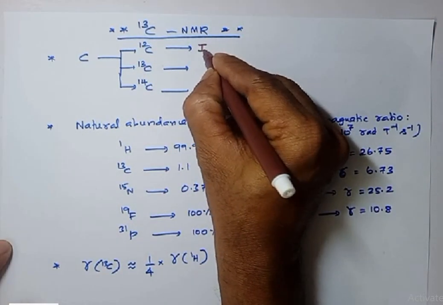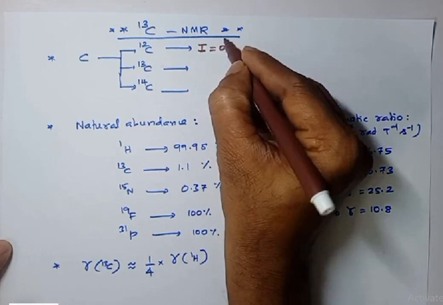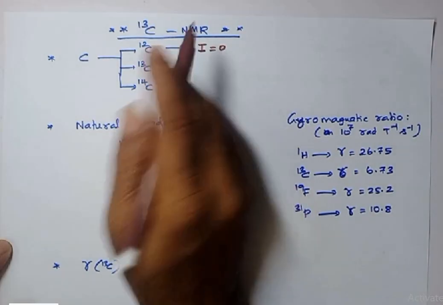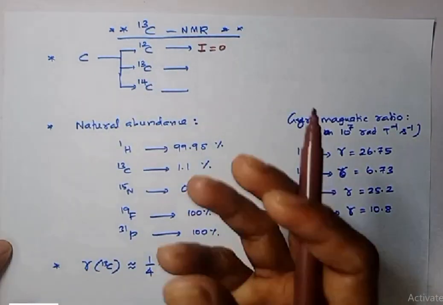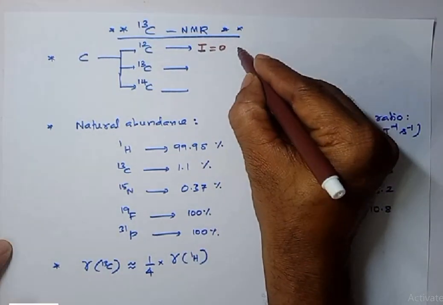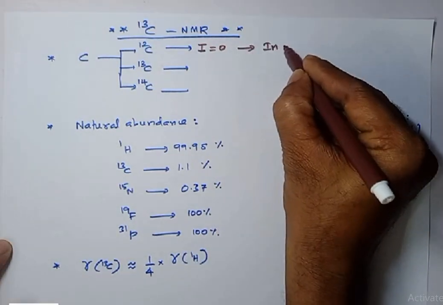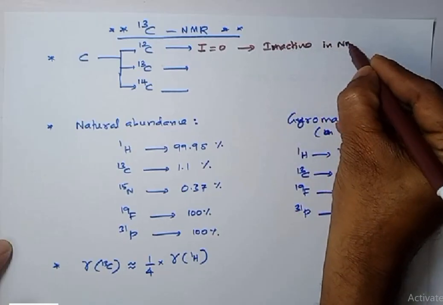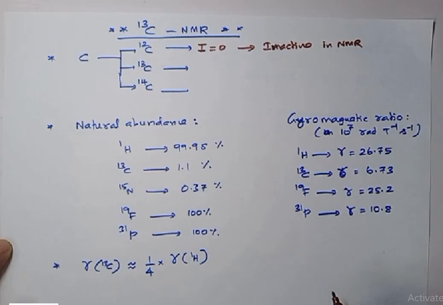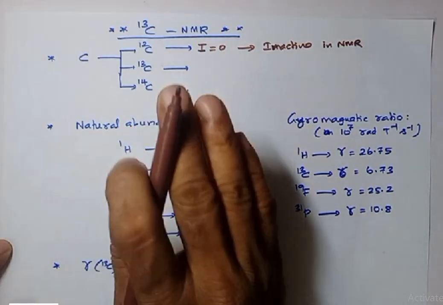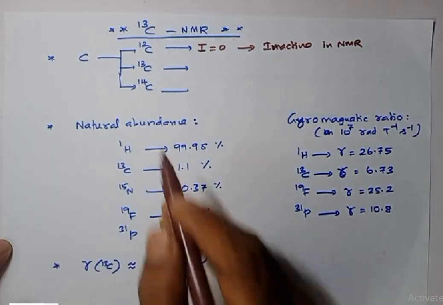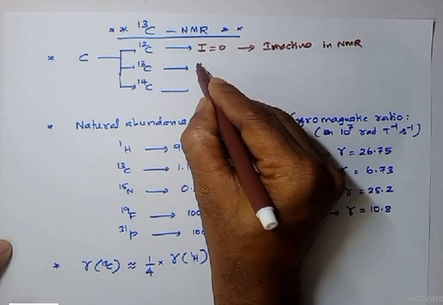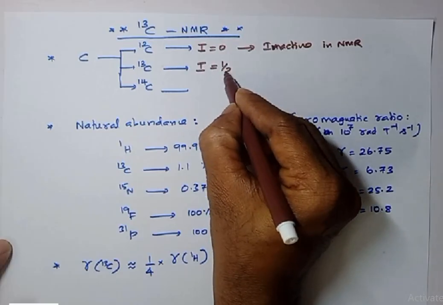For C12, the spin quantum number is 0, which means the C12 nucleus does not have the property of spin. So it is inactive in NMR, and C12 is not important for us. What about C13? For C13, the nuclear spin quantum number is half.